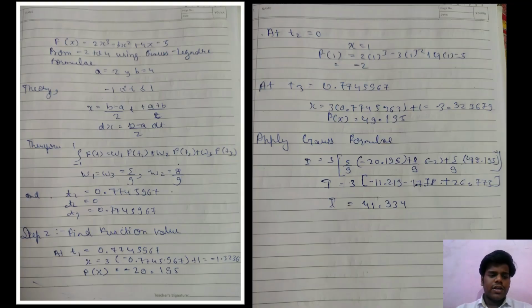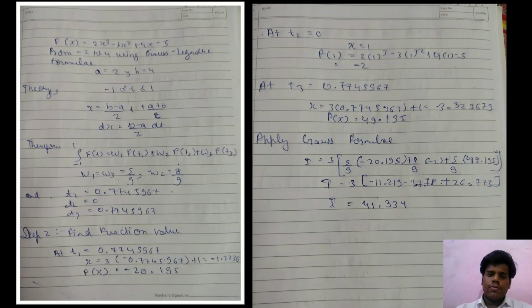Now the second step for that question: find the function values by putting the t1, t2, t3 values in the above equation. We apply the t1 value in the equation 2x cube minus 3x squared plus 4x minus 5, and we get the solution minus 20.195. Similarly, we apply t2 in place of x, compute, and get the value minus 2 when we apply 0.